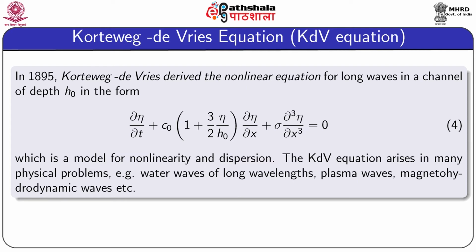In this equation you can see the nonlinear term, which is 3 eta C0 divided by 2 h0 times del eta del x. And the KdV equation, as I have already told, arises in many physical problems like water waves of long wavelengths, plasma waves and magnetohydrodynamic waves, etc.